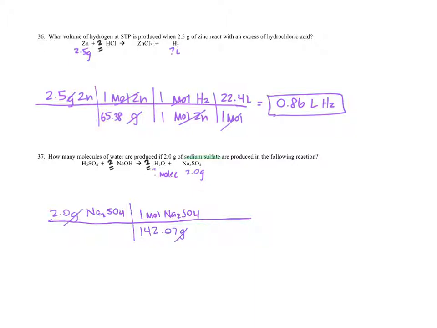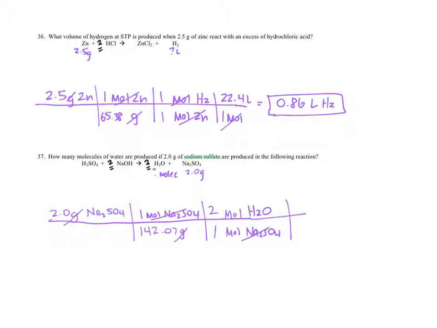Cross out your grams. As soon as I'm in moles, the next step is always a mole to mole conversion. Na2SO4 goes on the bottom. What I'm looking for, H2O, goes on the top. Cross out the Na2SO4. I'm going to use my coefficient, so this time it's going to be 2/1.